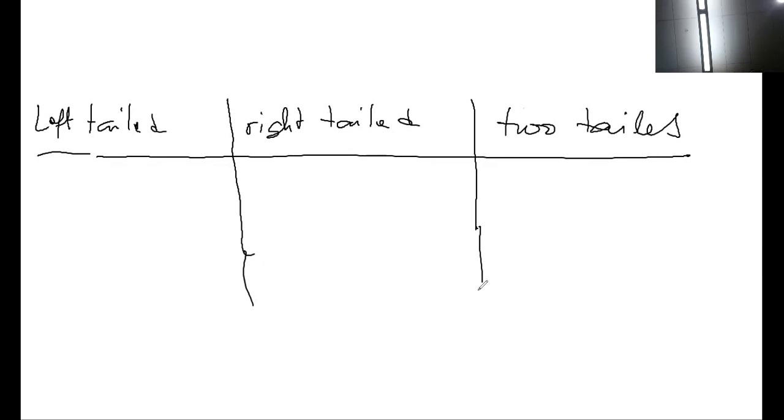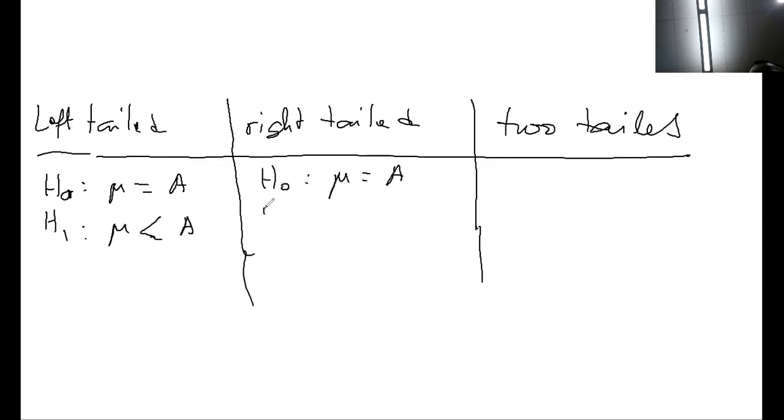I will use the example of the mean, but for any parameter, it's the same type of situation. So in our hypothesis, we say the parameter is equal to A for the null hypothesis, but for left tail, it's less than A. Mu equals A. Mu is greater than A.